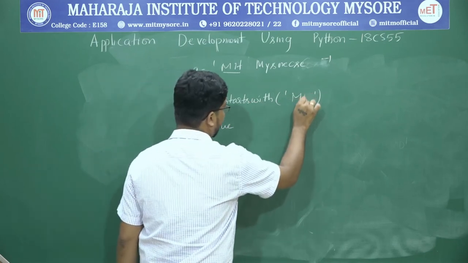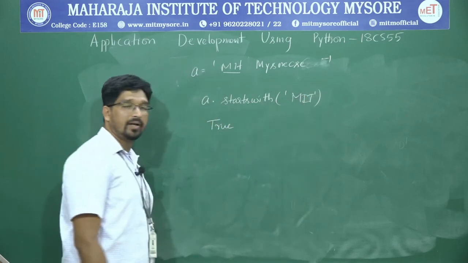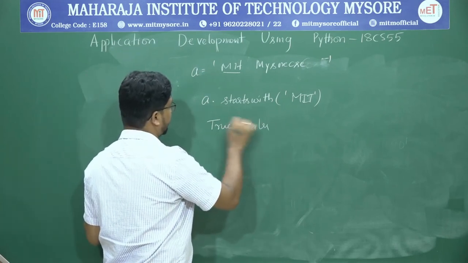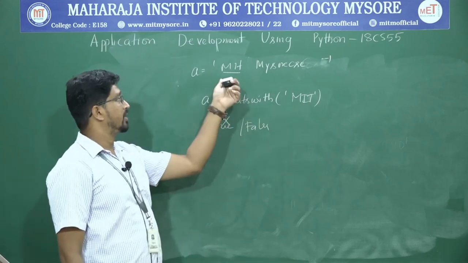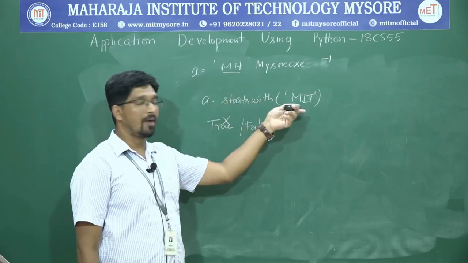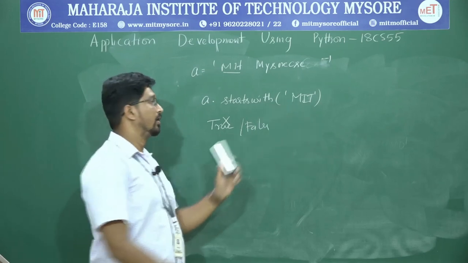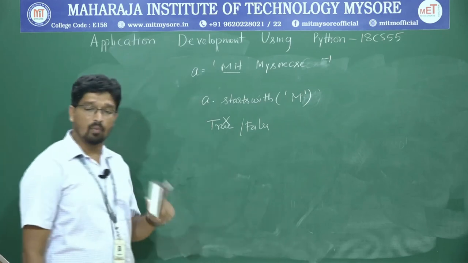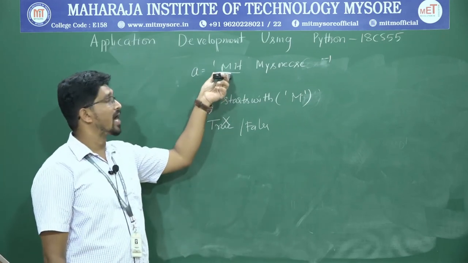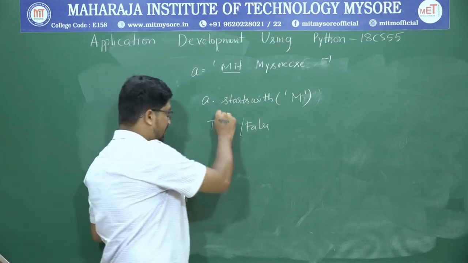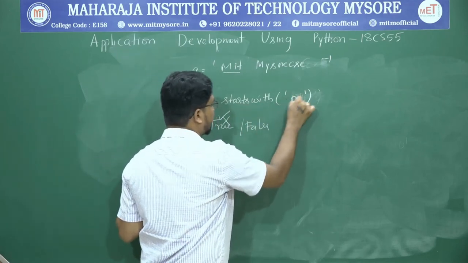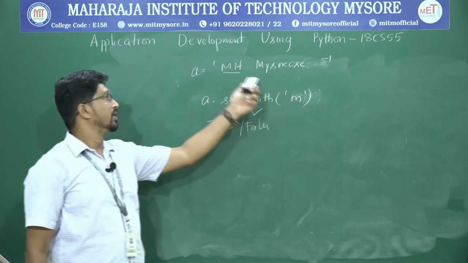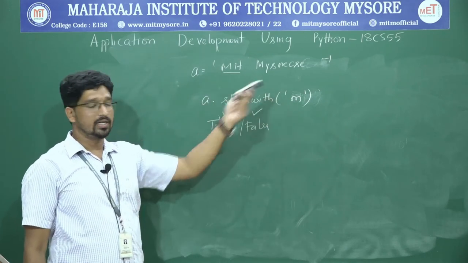Or if you check whether it starts with MIT in uppercase, then you will get false as a result, because this particular string does not start with capital letters MIT. Again, you can check only one character, capital M, and you will get true as a result. If you check a lowercase m, you will get false, because this string does not start with lowercase.